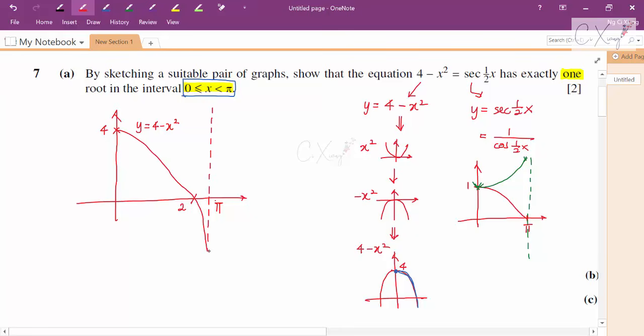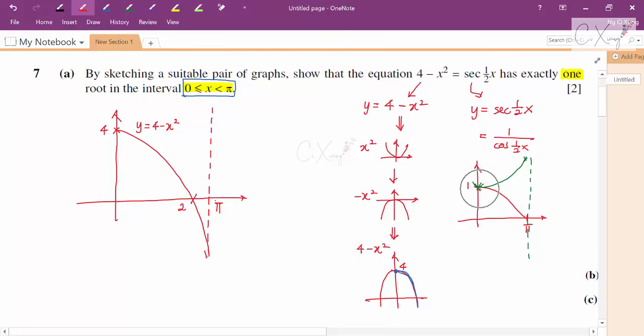So this is actually the pi. This should be a U shape. My U shape might not be so nice. Then for the pi here, it should be an asymptote.